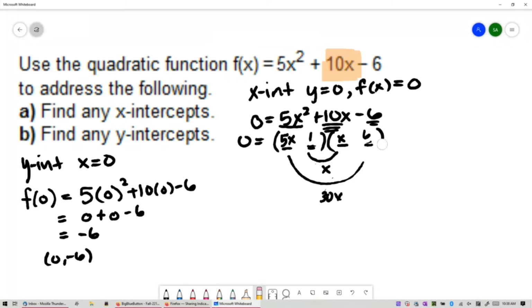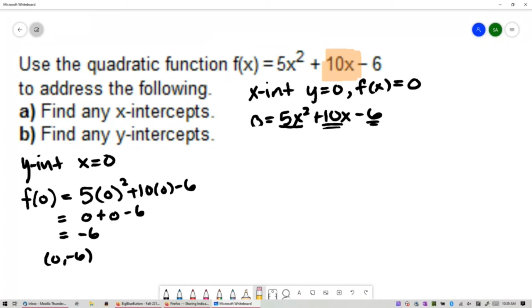We've tried every combination, and factoring doesn't work. So now I'm going to go to trying the quadratic formula. With the quadratic formula, I would let a equal 5, b equal 10, and c equal -6.